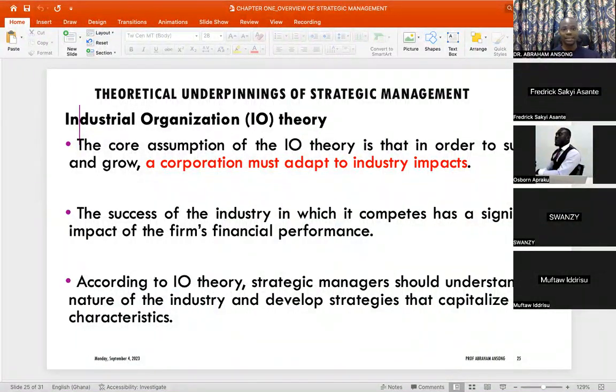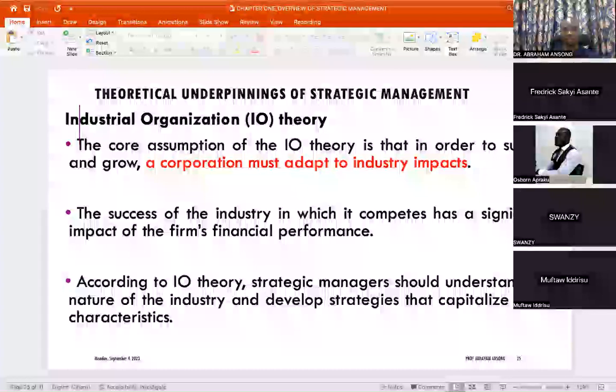When you teach investment management, we normally tell our students that government bonds and treasury bills are risk-free. When we hear the word risk-free, that's normally what we connect them to. So it was almost impossible for any bank manager to think about that. All right, I'm bringing that in for you to appreciate that what happens in your external environment or in your industry could be an important determinant of how you perform as an organization.